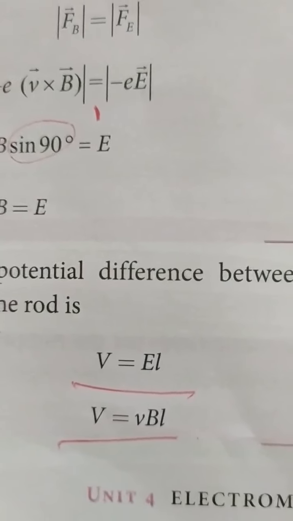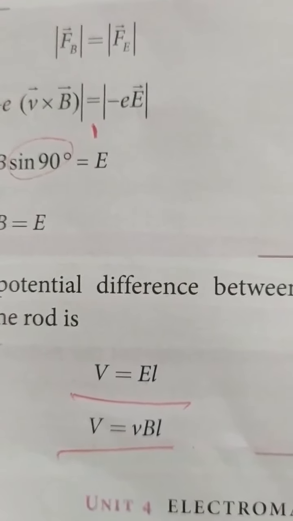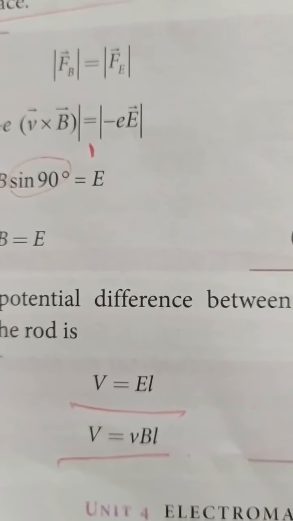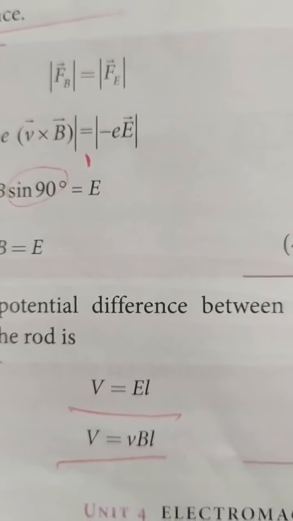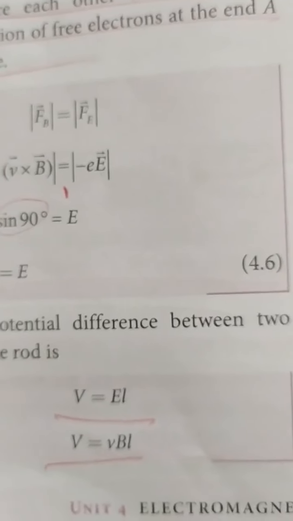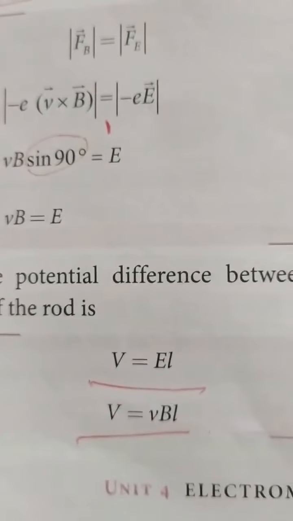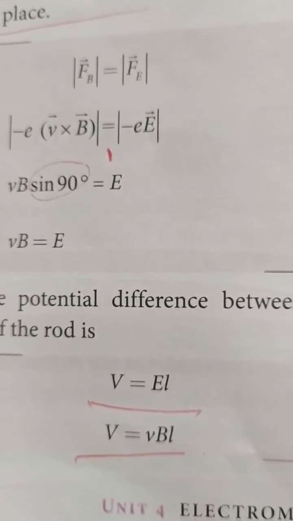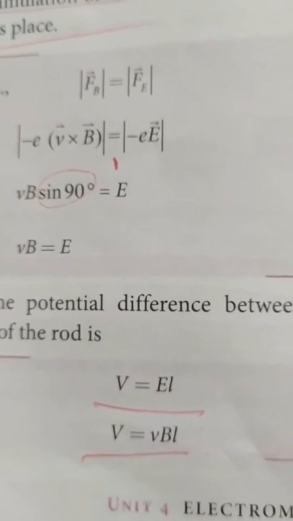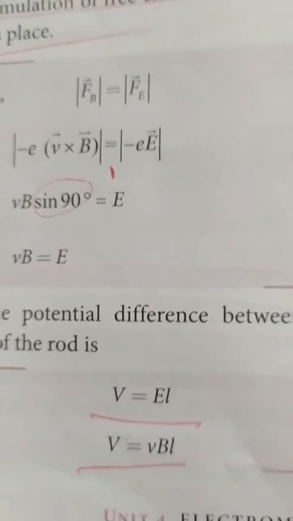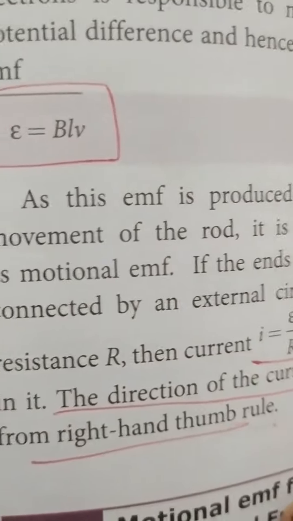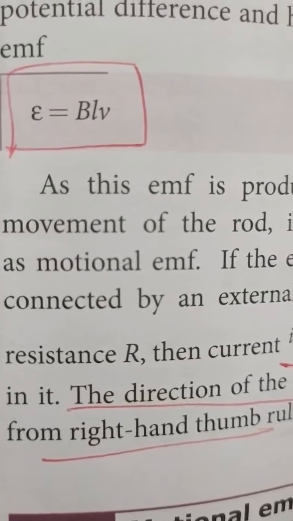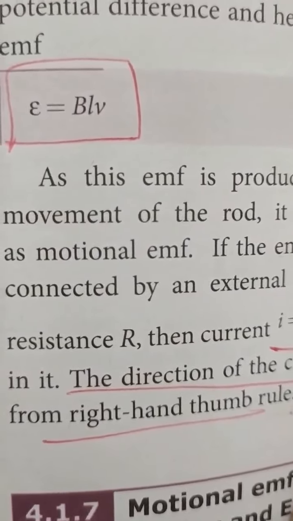Usually the potential difference formula is V equals EL, electric field into length, and instead of E you can substitute vB, because in equation 4-6 you have E equals vB. So V equals BLv. Here capital V is the potential difference and small e is the EMF, so you can replace V by e. So e equals BLv. This is a very important equation.